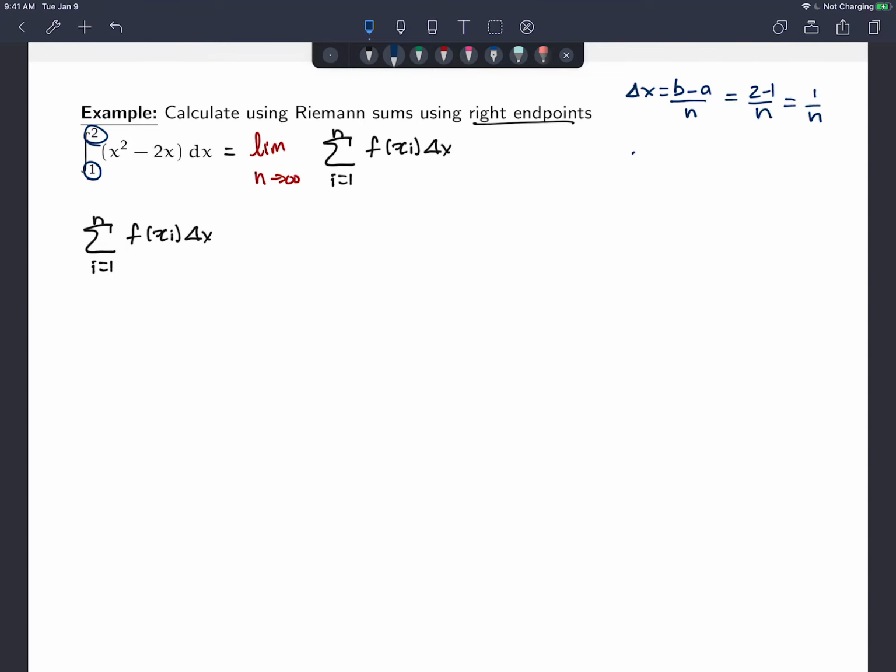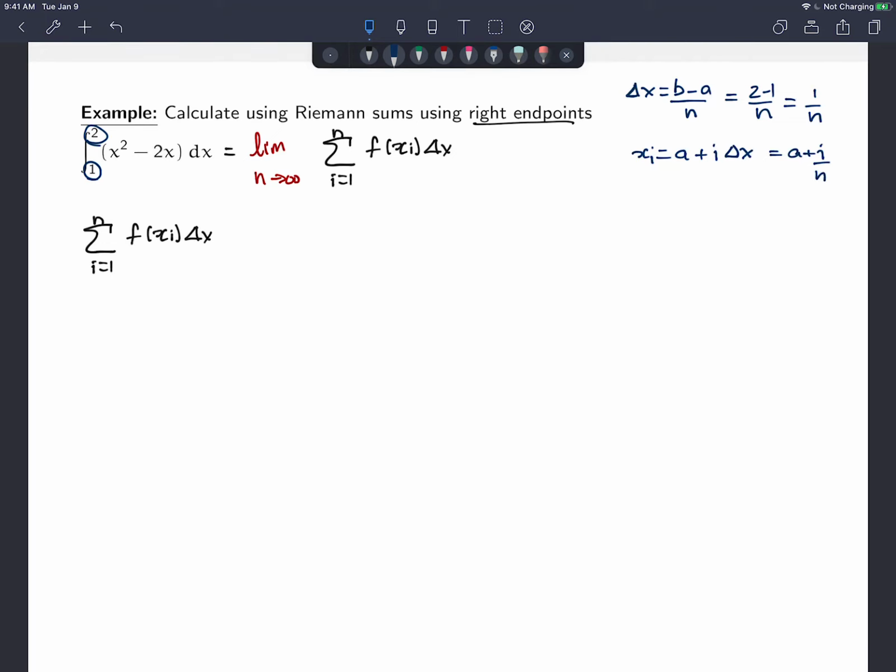And the xi, in general, is the right endpoint, so it's a plus i times delta x. So it'll just be a plus i over n.